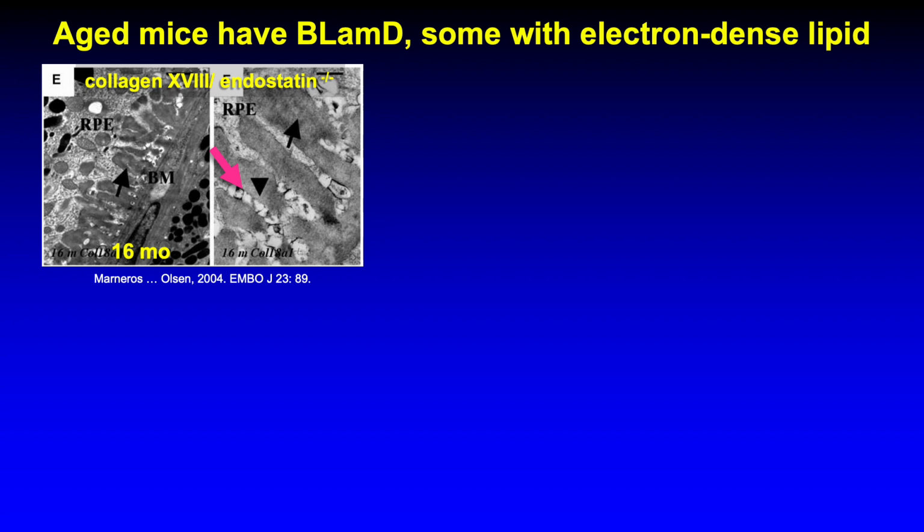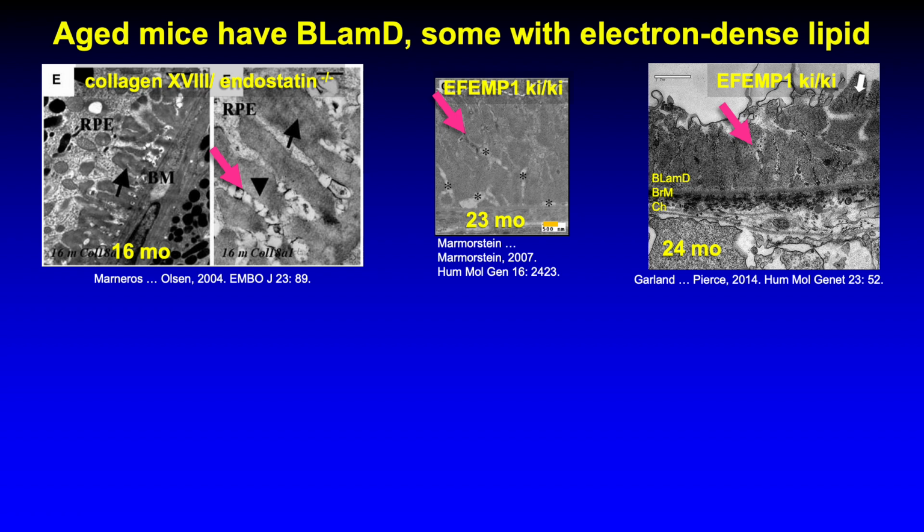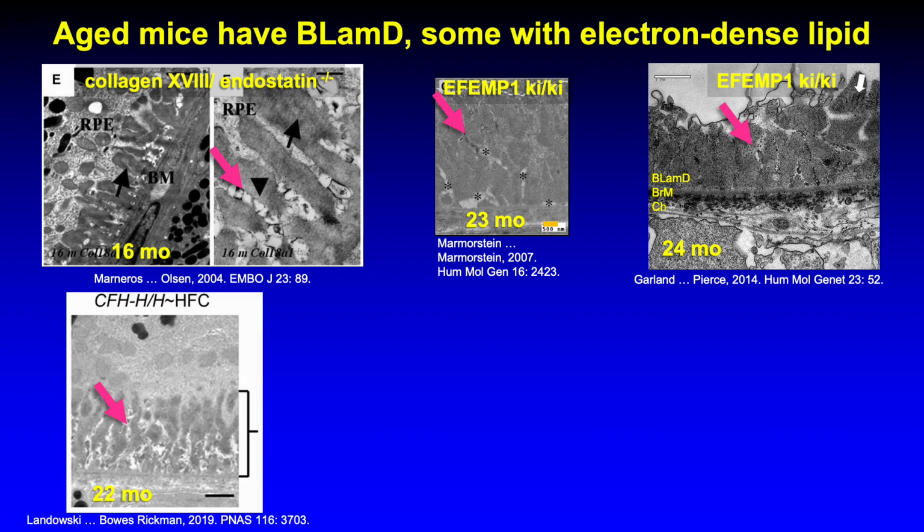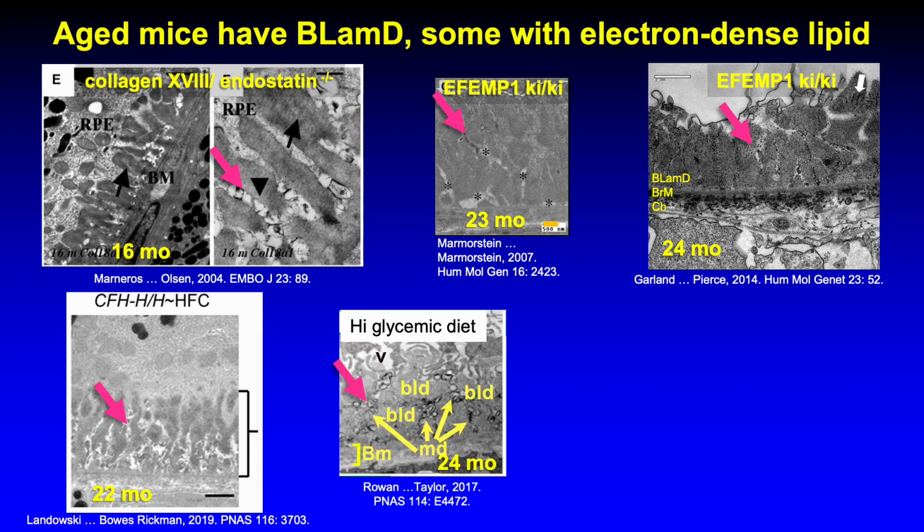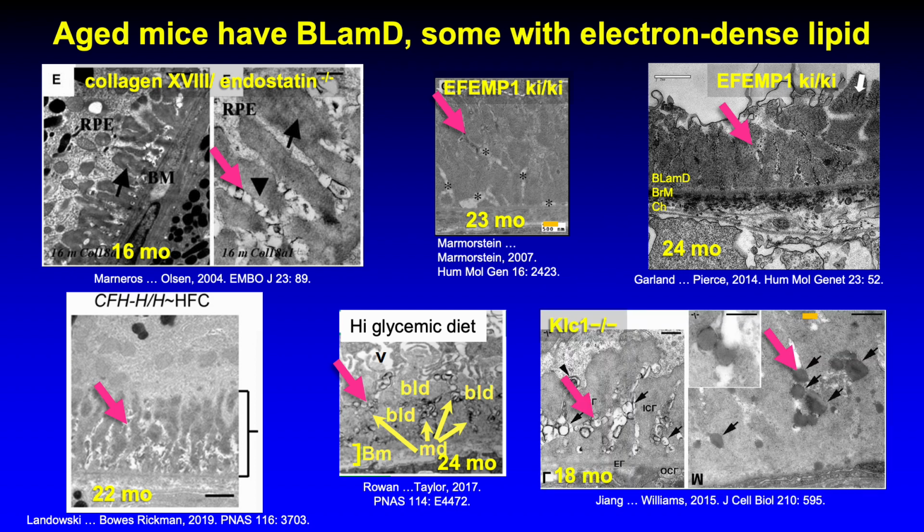Here is collagen type 18 deficient, 2 different EMP1 knock-ins, CFH risk allele heterozygote, a high glycemic diet. Here's a kinesin knockout with 2 different EM preparation techniques, like what I showed before.